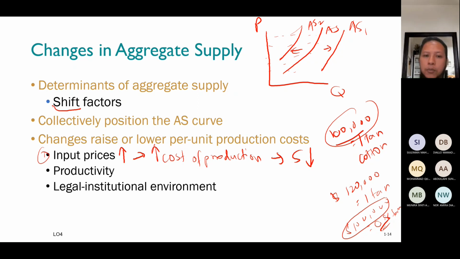Okay, so the higher the input price, the lower the supply in the economy, and this will basically shift the supply curve to the left. Right? So when you increase the input prices, supply will reduce. Okay, and then the second part is in terms of productivity, and this is related very much to technology.